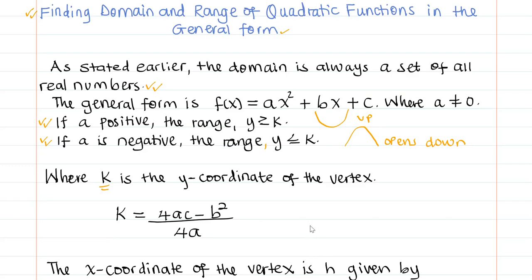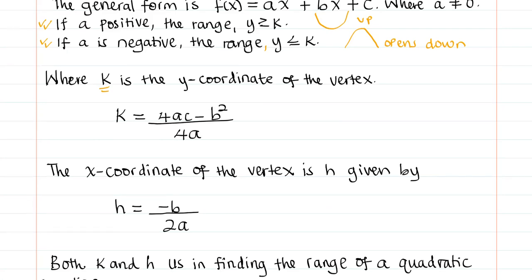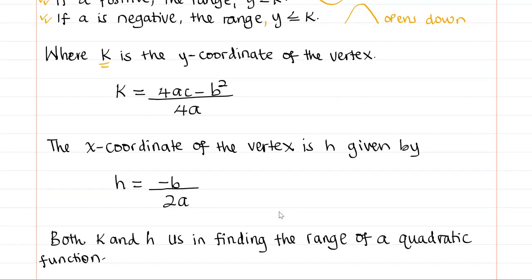What do we mean here when we talk about the y coordinate of the vertex? If this is our quadratic curve, any curve, I'm going to sketch it in any manner, assuming I have a maximum turning point in this case. This is the vertex. Now this point is what we call the vertex. That is the turning point. In coordinate geometry, any point has two coordinates.